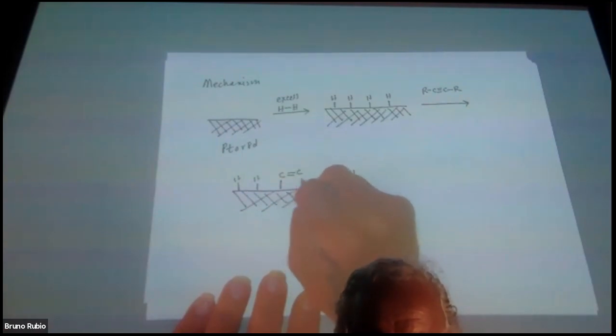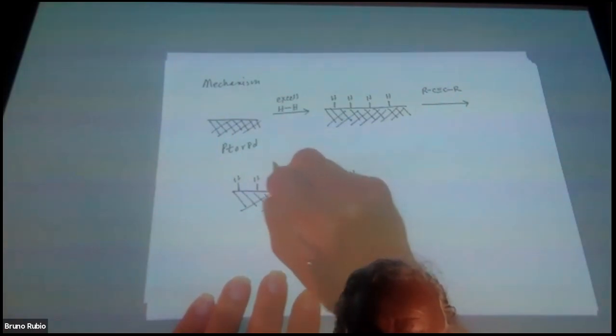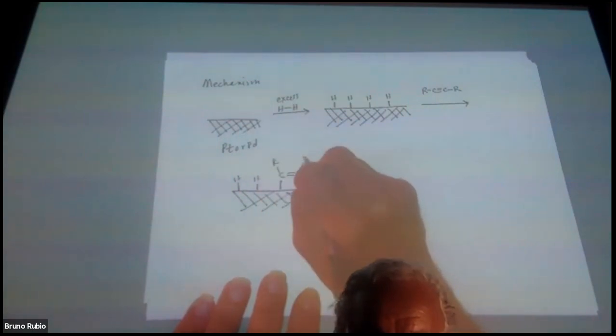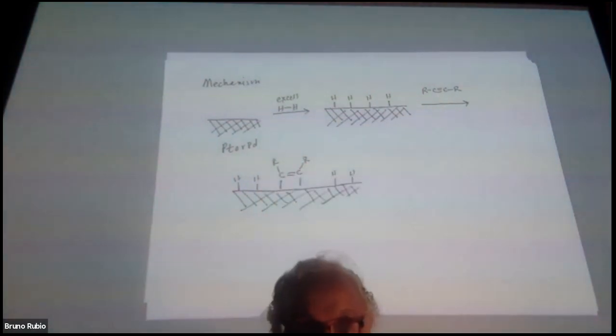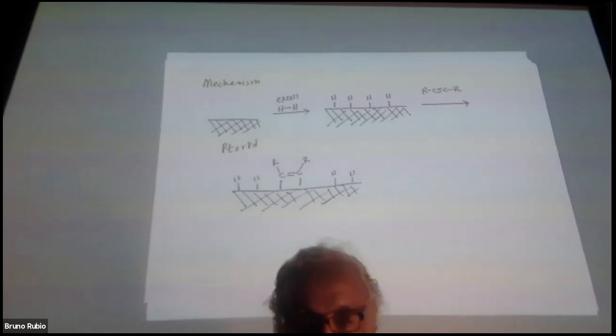So what used to be a triple bond is now a single bond, looking like that. So this is the dissociative adsorption. The bond breaks down by one notch, and the atoms in that broken down bond get hooked up to the catalyst surface.